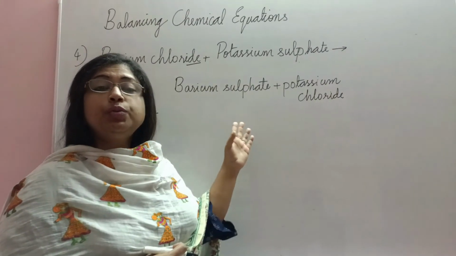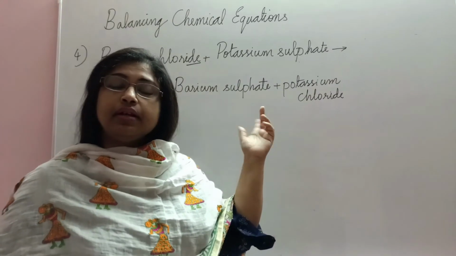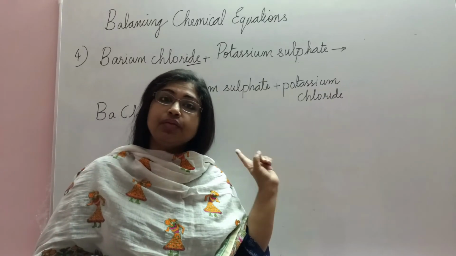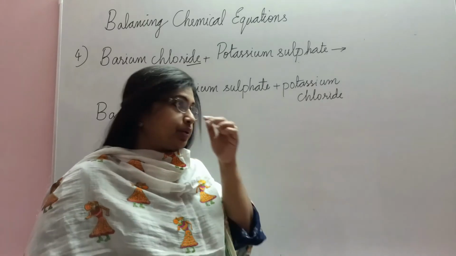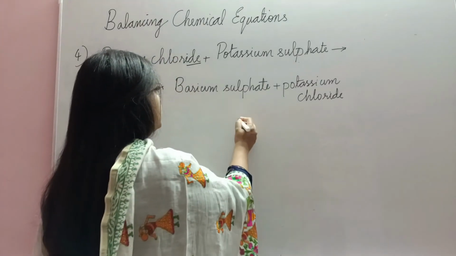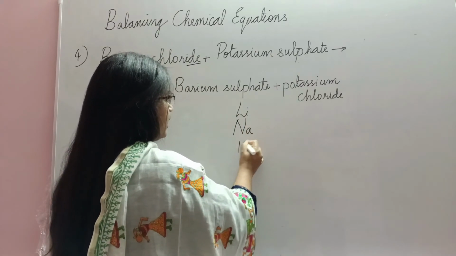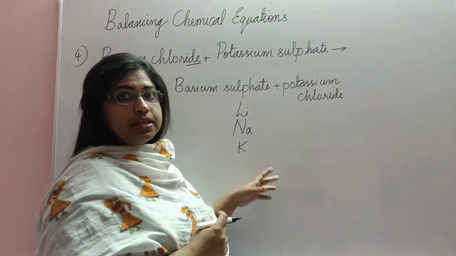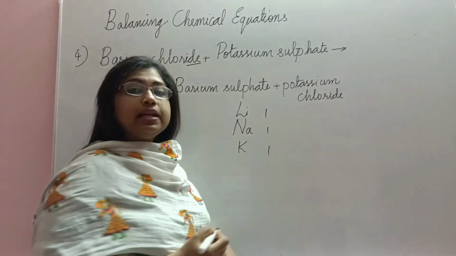Potassium belongs to group 1. So all the elements in group 1 have a valency of 1. Okay, so which are the elements in group 1? Do you remember? For example, lithium, sodium, potassium, rubidium, cesium, all these elements have 1 electron in their valence shell.